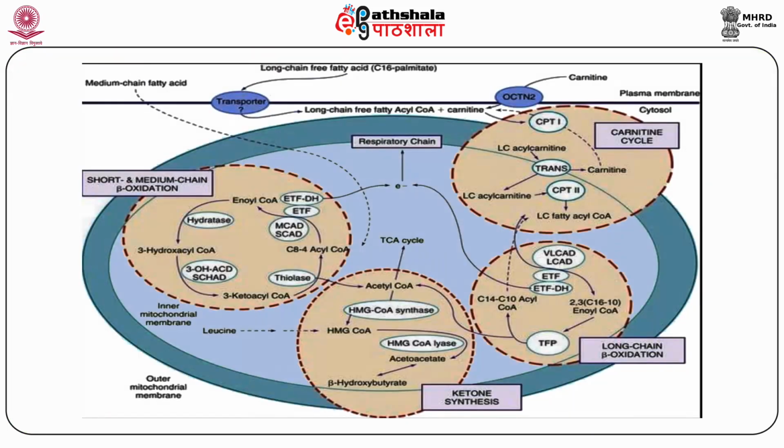In this pictorial presentation, one can see the broader boxes which describe the short and medium chain beta oxidation, the ketone synthesis, the long chain beta oxidation, and the carnitine cycle. There is a crosstalk between the plasma membrane, the cytosol and the mitochondria for lipid metabolism to happen.